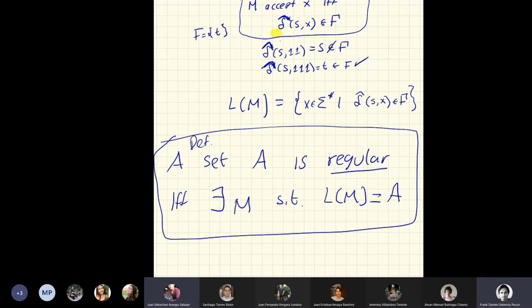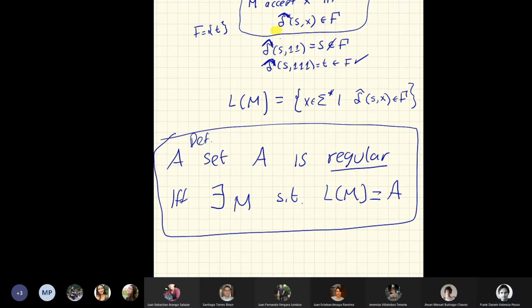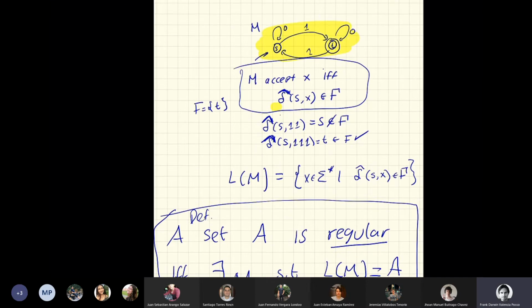Okay, exactly. Now we're going to try to define it. So now we saw all the definitions here. Now we know when M accepts X. This is the definition, and this is the language of M. Now think of any automaton whose language will not accept any string, not even the empty one.